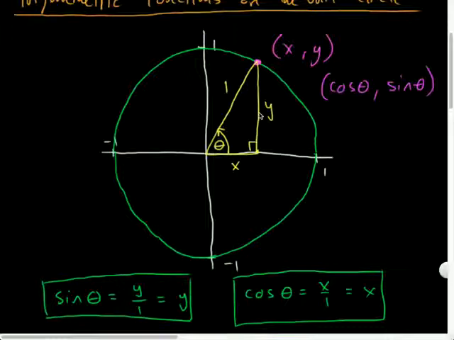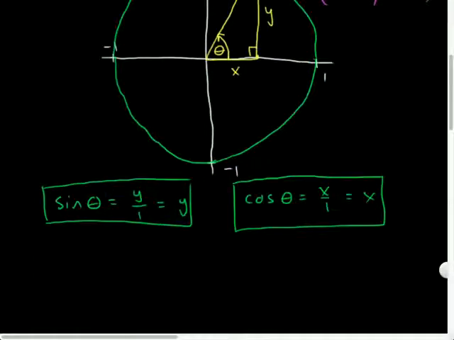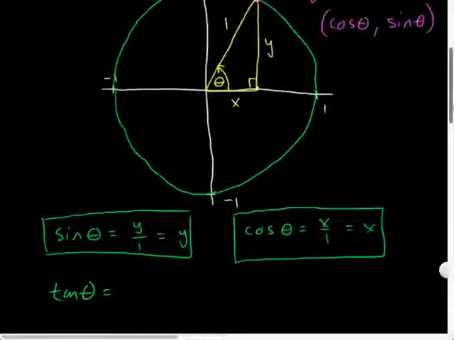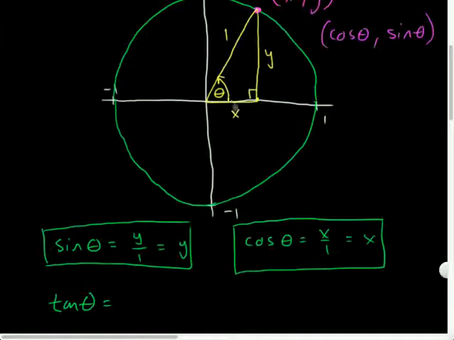So, let's just keep exploring here. What would the value of tan theta be for this situation? Right, tan theta would be the opposite to the adjacent, so that would be y over x.